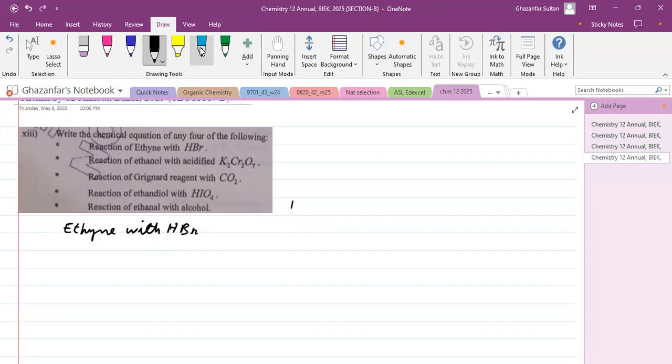There are 2 ways to write the answer. One way is to draw the ethyne molecule, carbon-carbon triple bond, 2 carbon atoms, and add HBr.